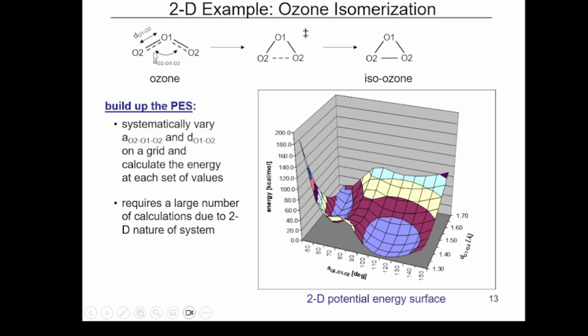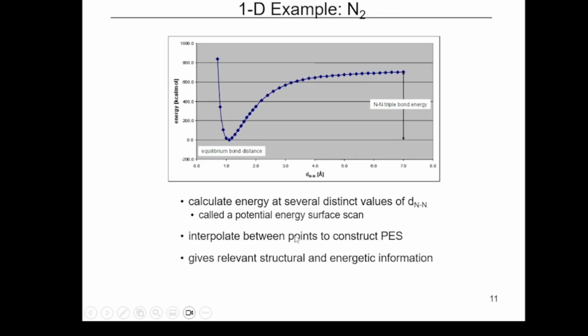And keep in mind, to construct a potential energy surface diagram, you need to have energy on one axis and the variables on the other axis. Now in the case of the nitrogen example, we had only one variable, so we could plot it in a 2-dimensional diagram.